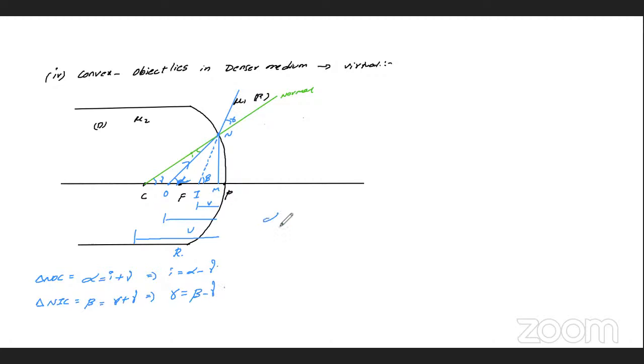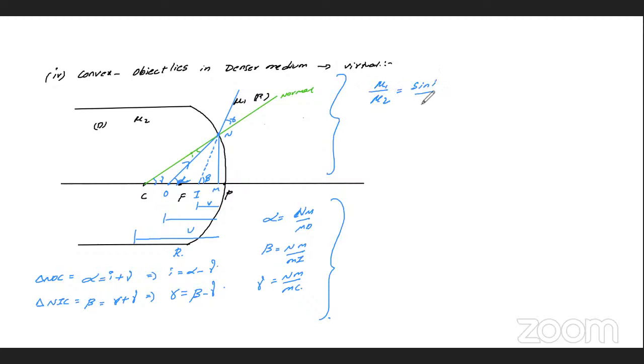Now I'm going to find alpha, beta, gamma. Alpha is equal to NM divided by MO. Beta is equal to NM divided by MI. Gamma is equal to NM divided by MC. Now I'm going to take Snell's law from denser towards rarer. So mu1 divided by mu2 is equal to sine I divided by sine R, which is equal to mu2 by mu1. Remember, the sine functions are omitted because the angles are so small.